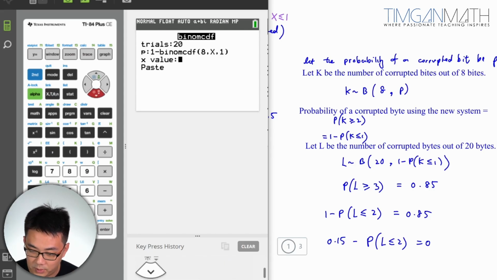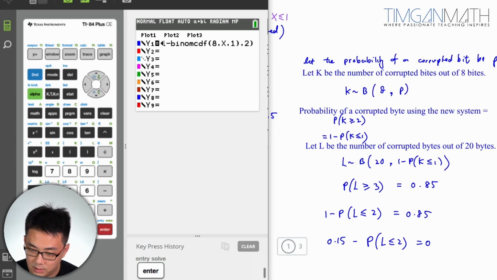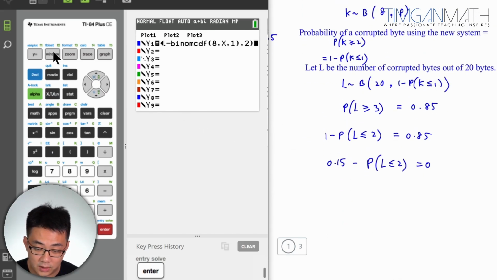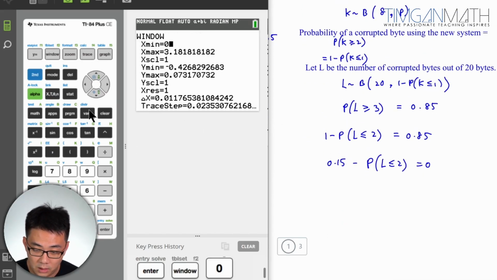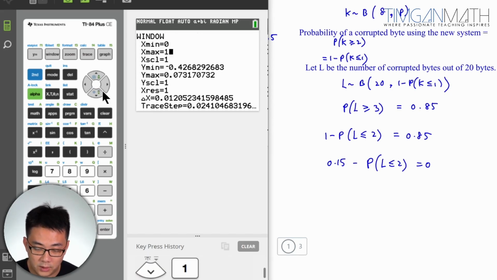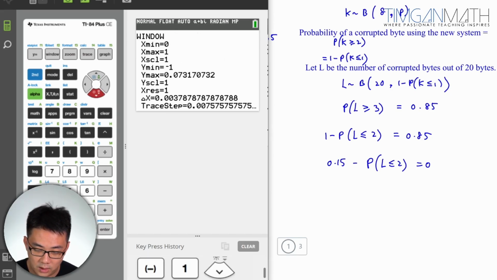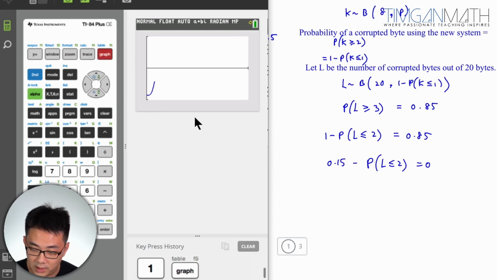The x value here will be 2. Okay, so there you go. Paste it. Right now you are solving for x, which is the probability. So it's rightful to put this as 1 and 1. Then zoom in on the area there and find the answer.